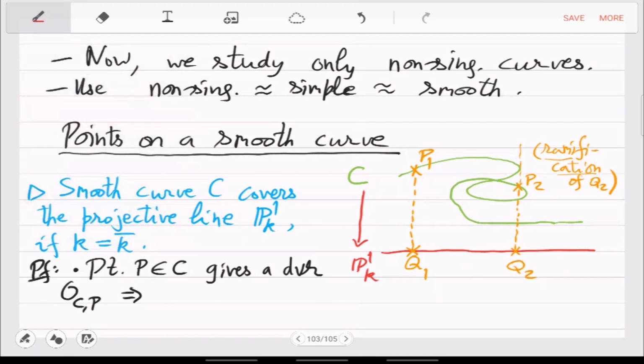The setting I should have written: k is contained in k(x) is contained in K, the function field of the curve. Okay, so the projective line is coming from this k(x), and the big K is giving you the curve, and small k is the base field which is algebraically closed. So this is the setting. So in this setting, when you get the germs O_{C,P} around the point P, you should take the intersection with k(x).